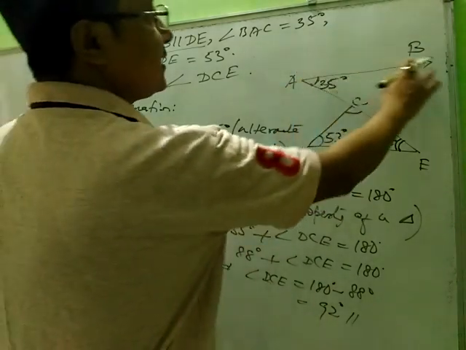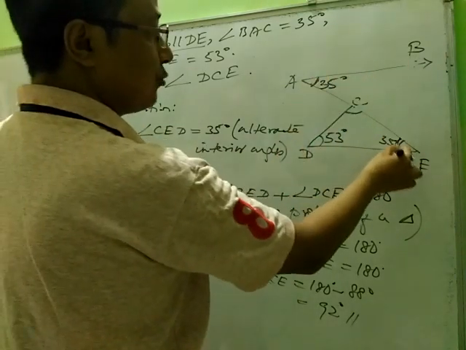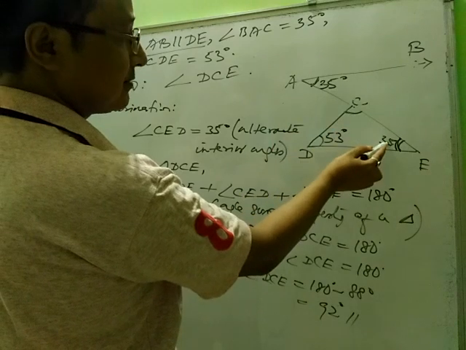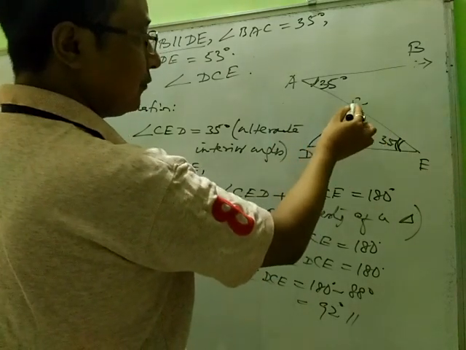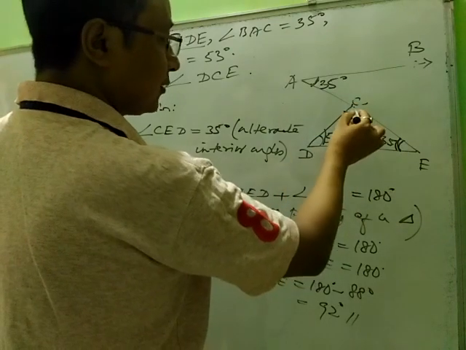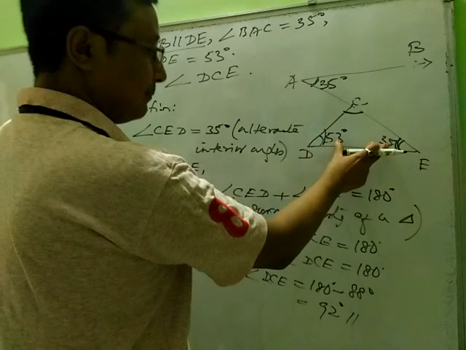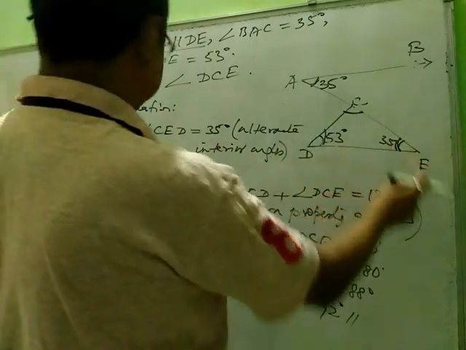As these two lines are parallel, these two angles are equal because they form a pair of alternate interior angles. To get the third angle, from the whole triangle the total sum is 180 degrees. Subtract these two measures and you get the third angle, that is angle DCE.